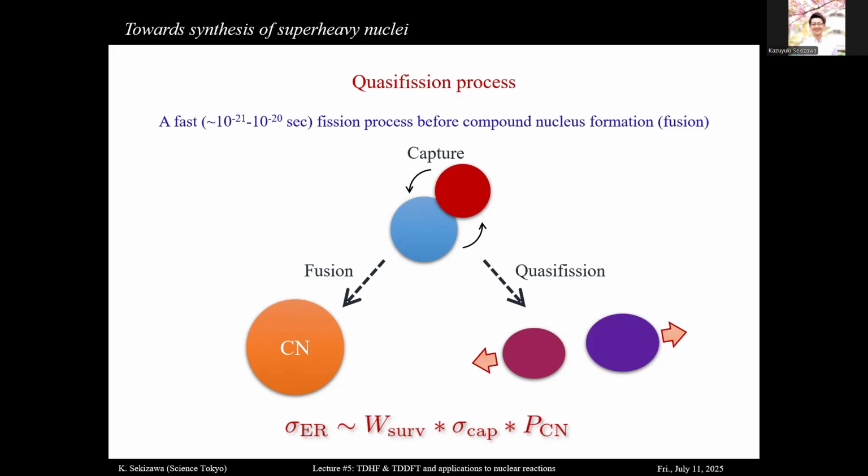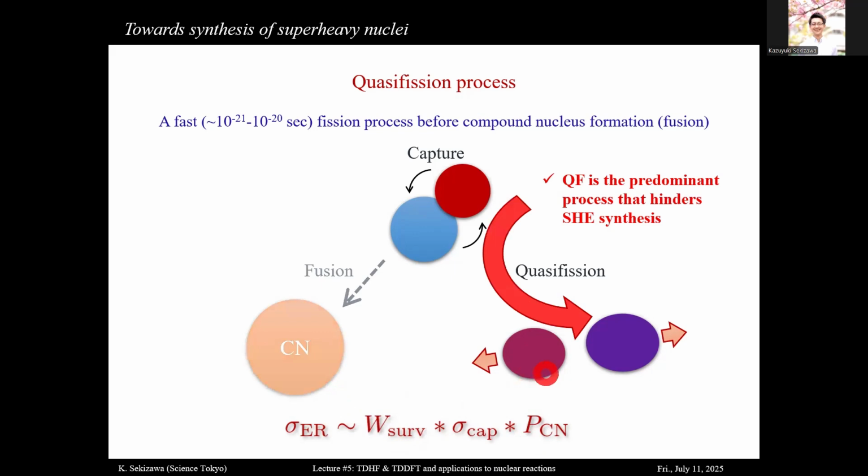Okay, and this P_CN is close to 1 in the case of heavy systems forming superheavy elements. So the quasifission process is a dominant process that prevents superheavy element synthesis. And this kind of main reaction dynamics can be well described by TDHF.